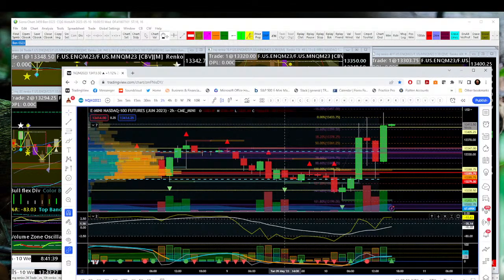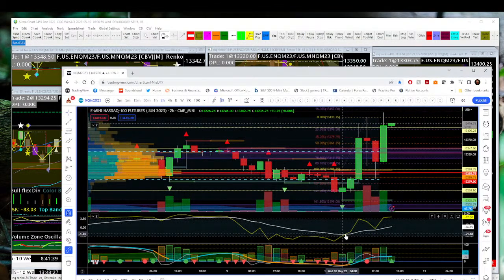So that cross of the Williams percent R over the moving average is something you can use in swing trading. It's just that it's better when you get a retest or a failure to break back down and hold below. So this little pattern here is great for swing trading.